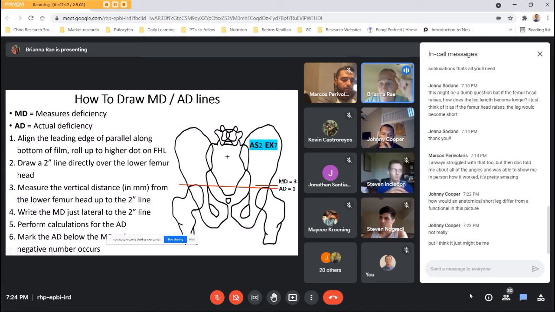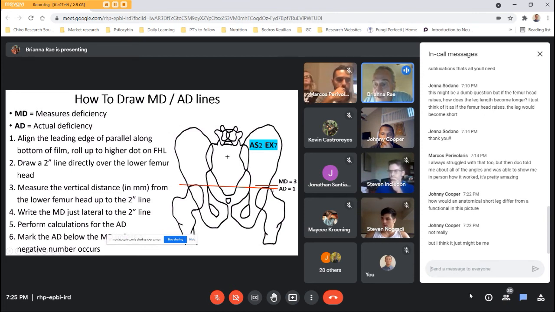So that's why we have to look up at the ilium and calculate from these subscripts what the effect would be at the femur head if we corrected it. So we figured out that if we corrected an AS2 EX7, it's going to raise the femur head by 2 millimeters.